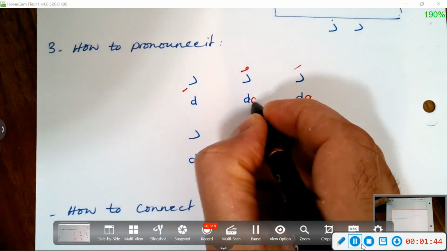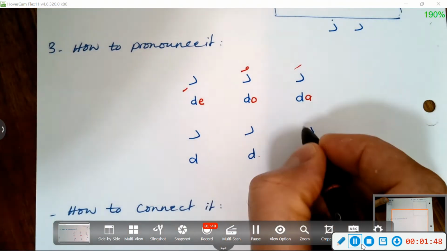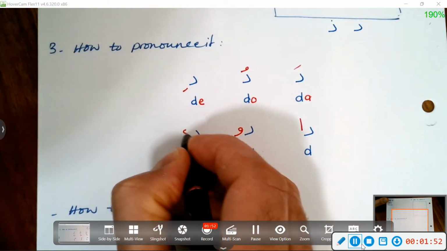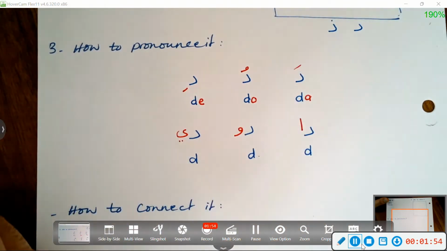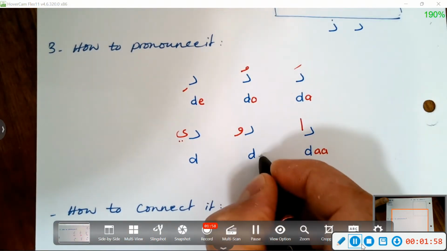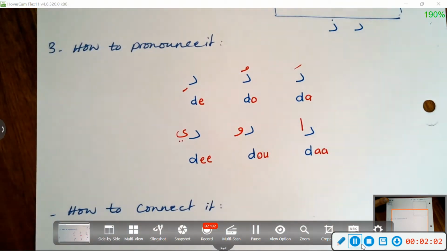Da, do, di. With long vowel: da, do, di.